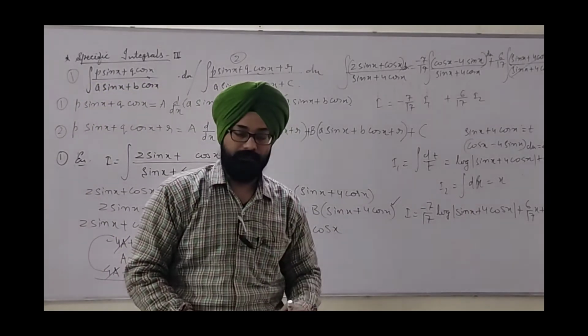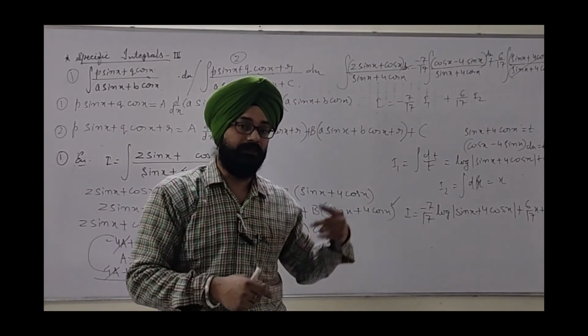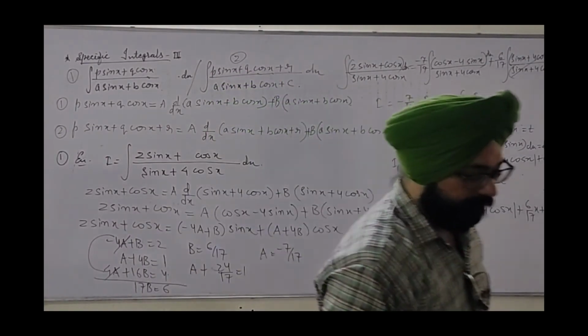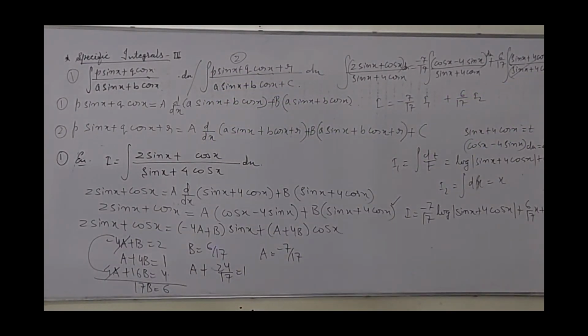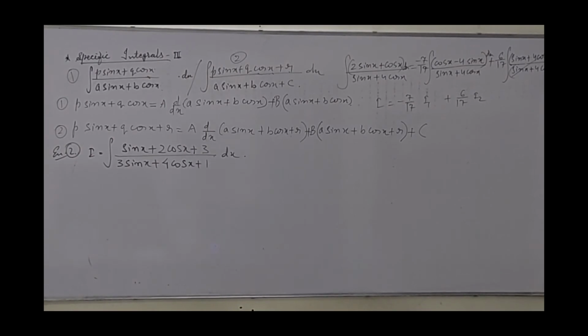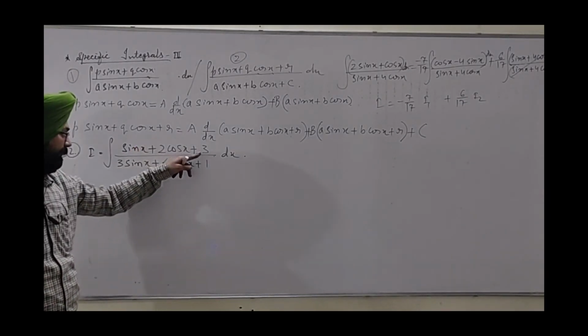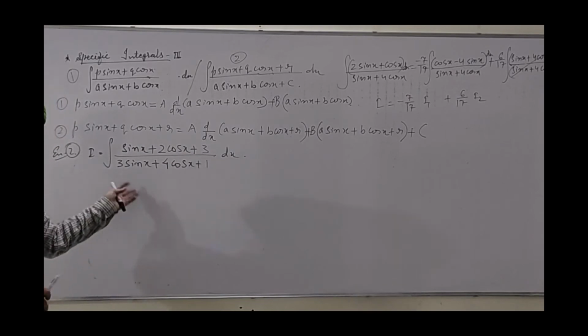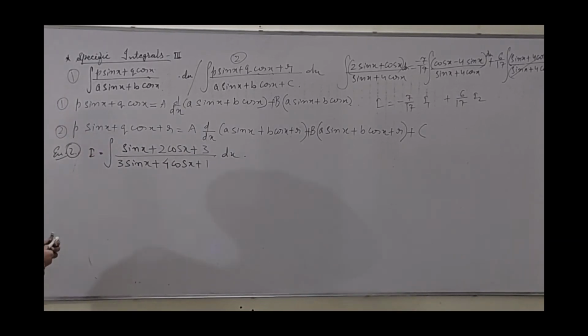Now we will see what happens when we consider an equation of the next pattern. Here is the change. I have taken a constant added to the numerator and denominator both, in comparison to the previous question. So we will follow this pattern of solving.